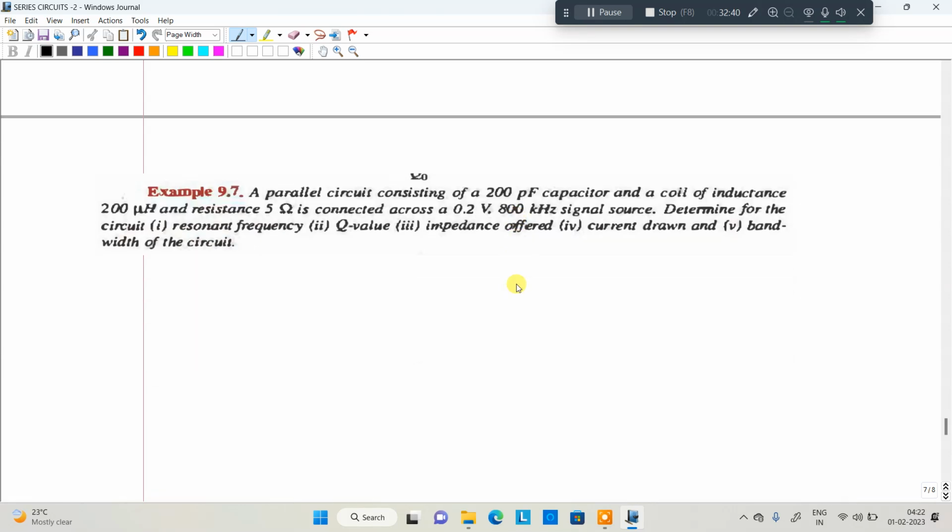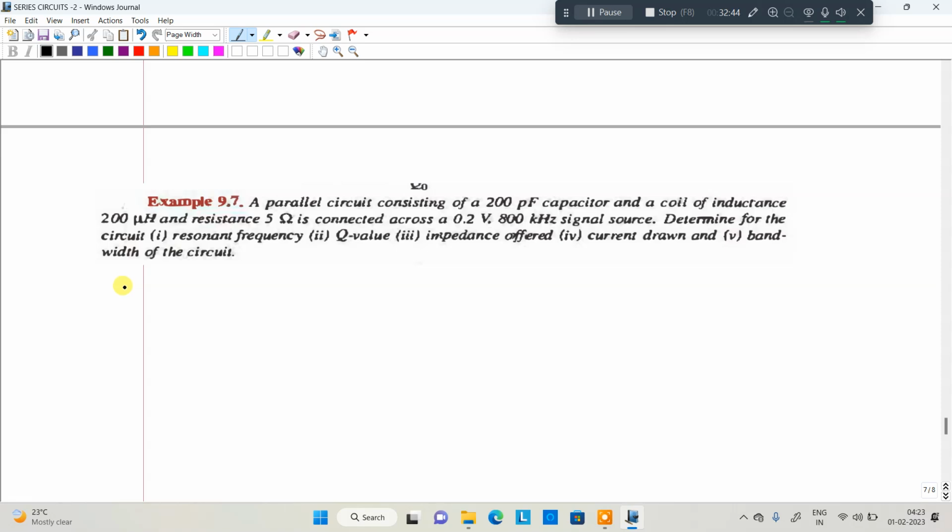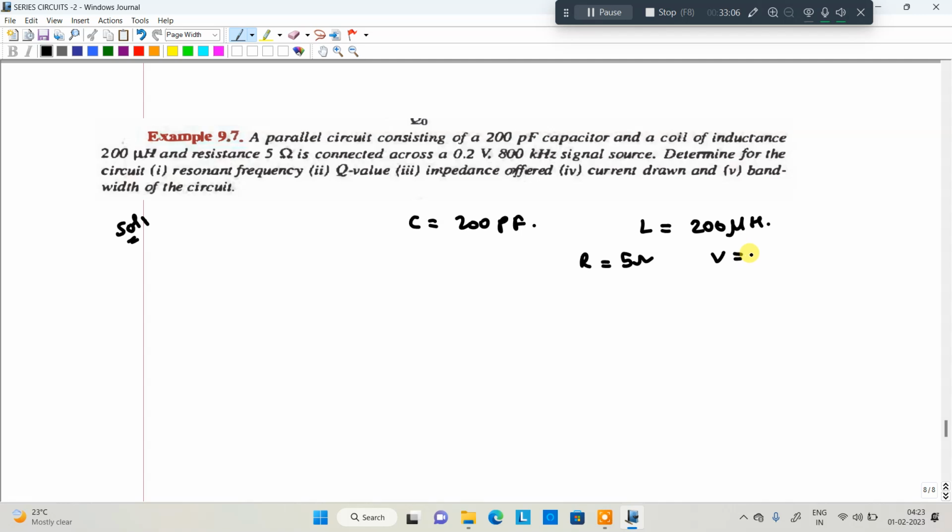So the problem here: a parallel circuit consists of a capacitance value C equal to 200 picofarad and an inductance of 200 microhenry. Resistance R is equal to 5 ohms, connected across a voltage of 0.2 volt.